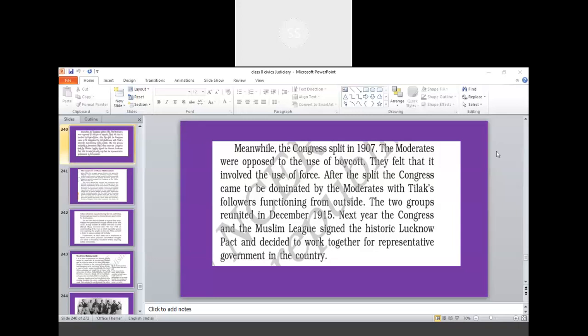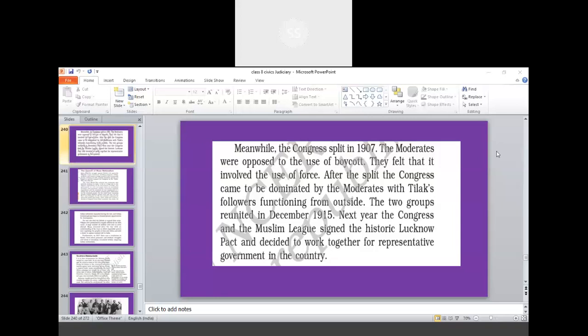Later you will understand that the revolutionary leaders, Bhagat Singh, Rajguru, Sukhdev, Khudiram Bose, Chandrasekhar Azad, were fighting a different battle, because for them it was tit for tat. These leaders said that if the British officers are killing us, we will kill them. So their method of fighting was a revolutionary step.